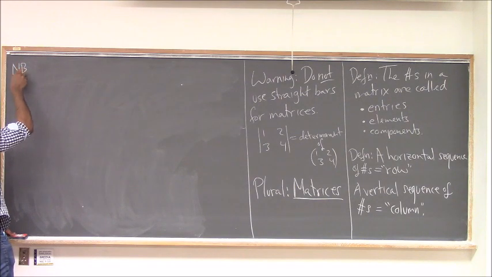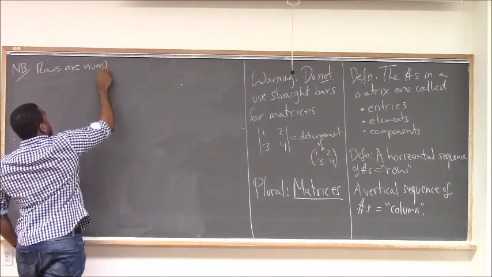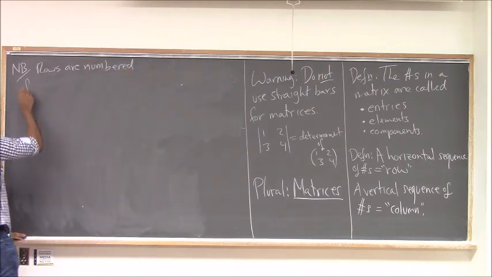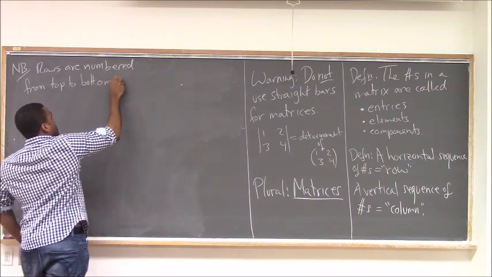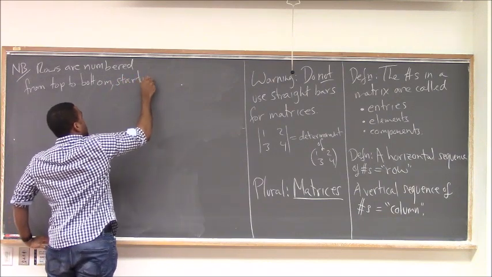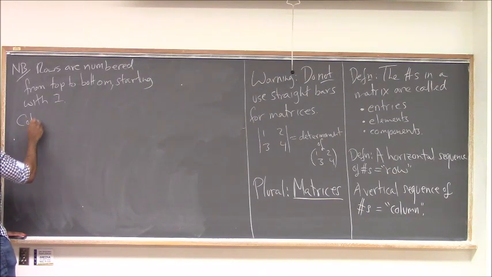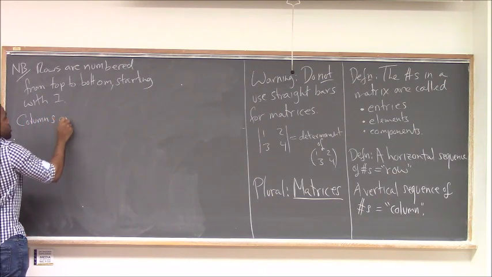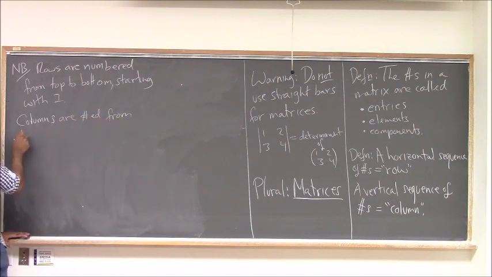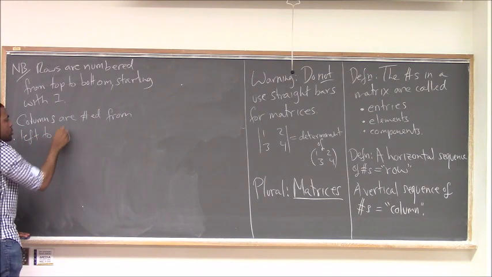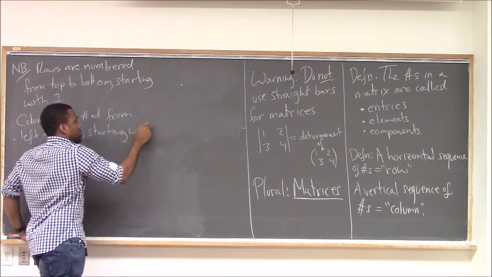Note. Rows are numbered from top to bottom, starting with 1. Columns are numbered from left to right, starting also with 1.